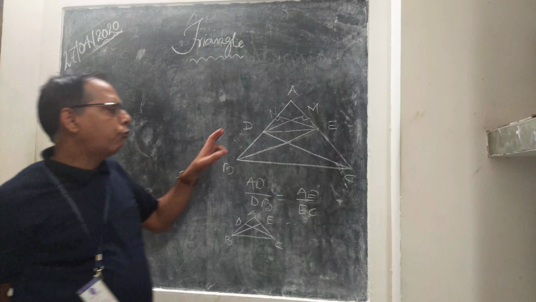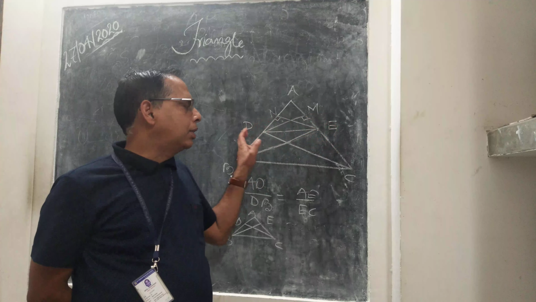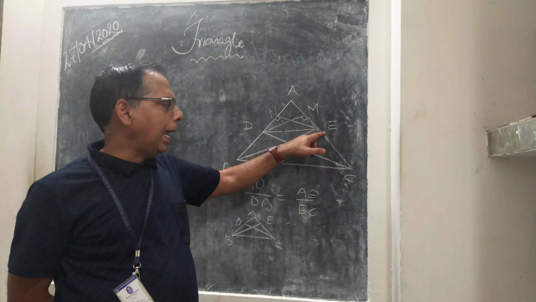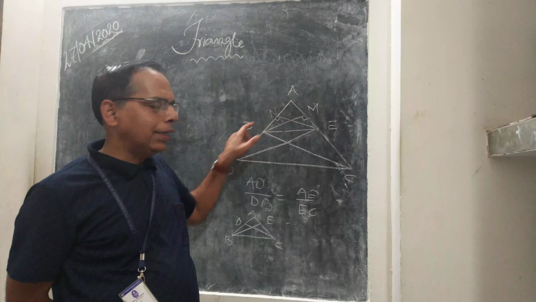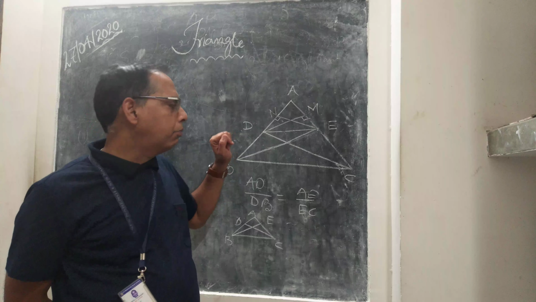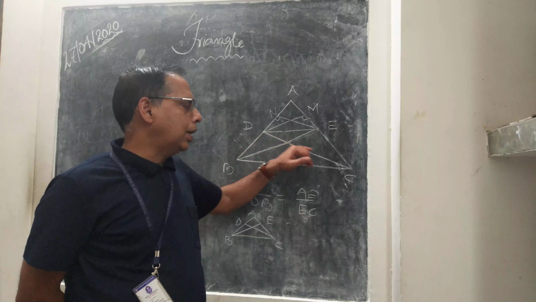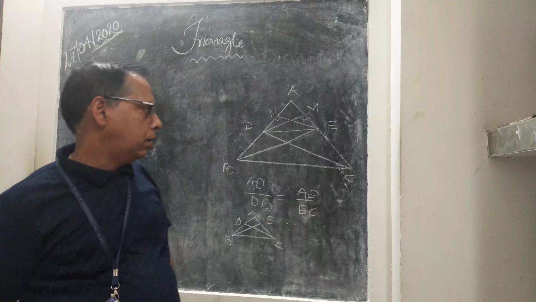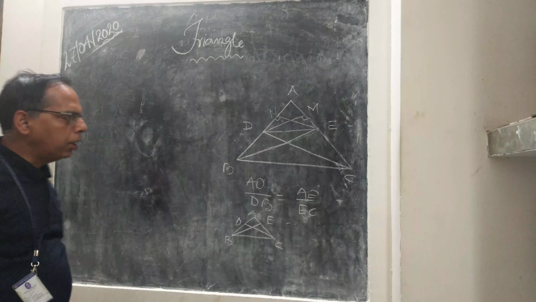Once again, from D and E, DM and EN are drawn perpendicular on AE and AD respectively. Next, B, E and C, D are joined. Clear? Then see, now the main proof.